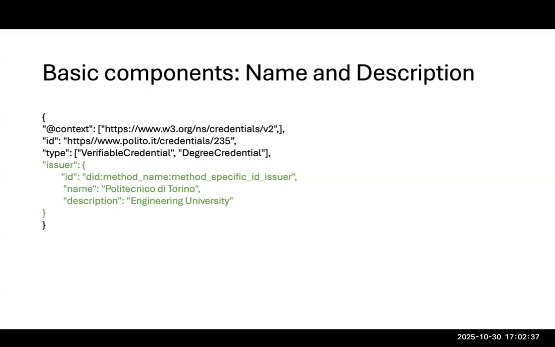Others, absolutely optional, are name and description, specified in the recommendation. In real deployments, I saw them maybe never. In any case, there is the possibility to use them. Name and description can be used within the issuer property: the name of the issuer and a generic description of the issuer itself.